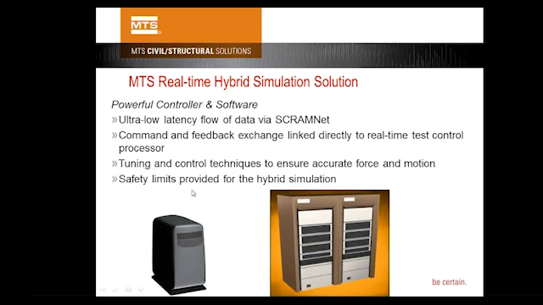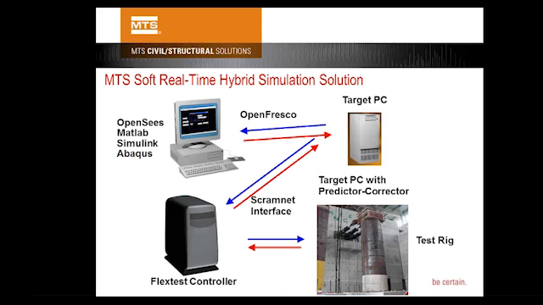Then we have special software you need to install so that the SCRAMNet card command can be executed using our servo valve and actuator. So you have to do some upgrades, install new software, and install SCRAMNet. So that's in our controller. And also, the actuators have to be faster, with a bigger servo valve, that's for sure.